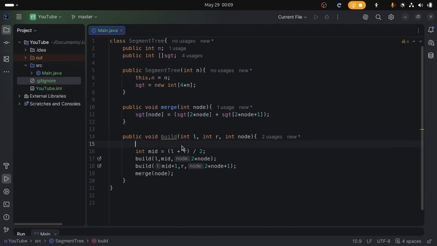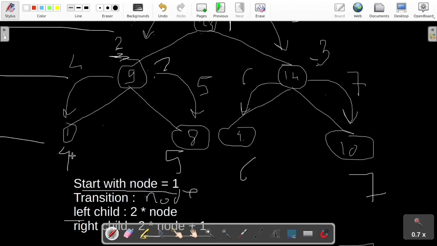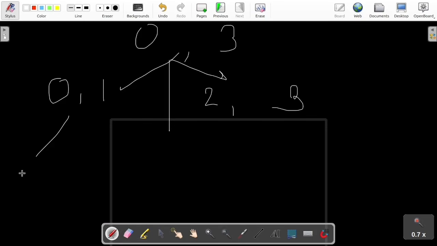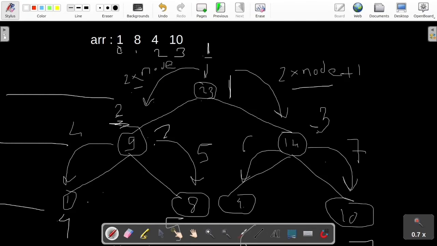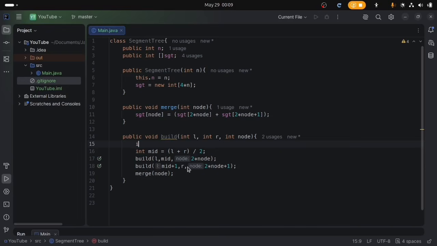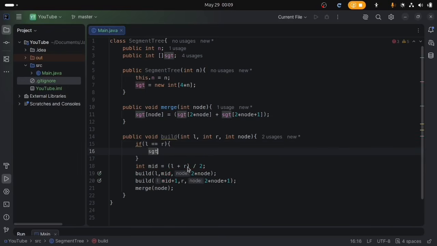But what will be the base case? As we know, when L and R become equal, like 0, 0, you have to stop there, because you reach a leaf node and you insert the value from your array on that leaf node. So we will write the base case: if L equals R, sec tree of node equals to, okay, we forgot to accept our array of L. Why array of L?